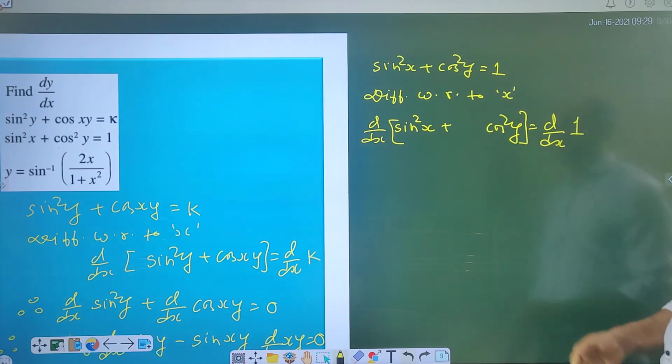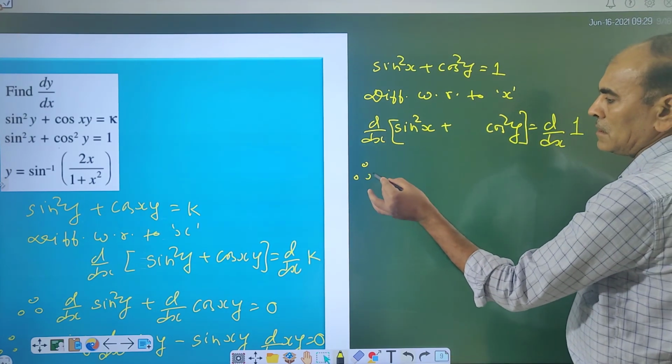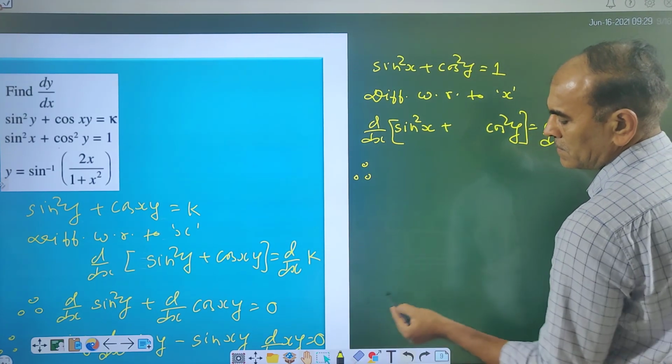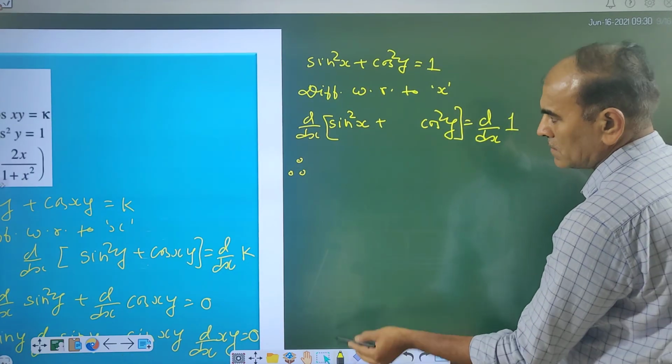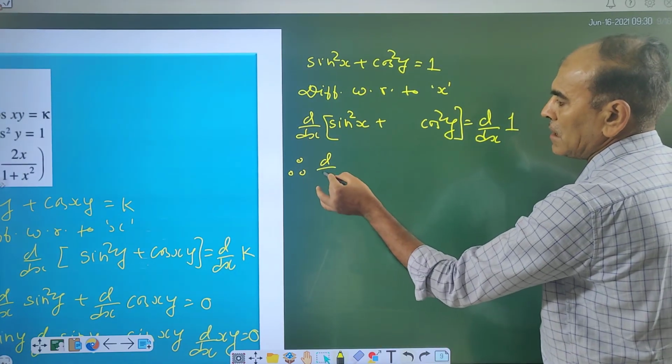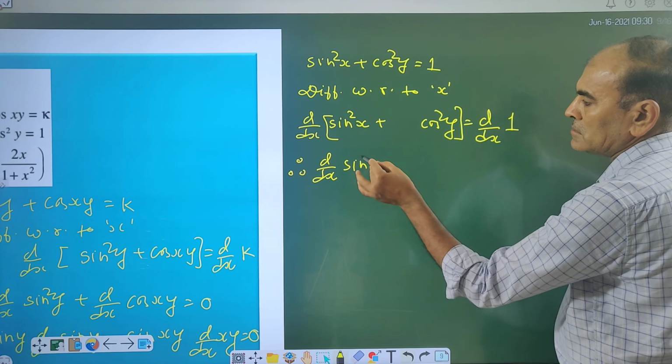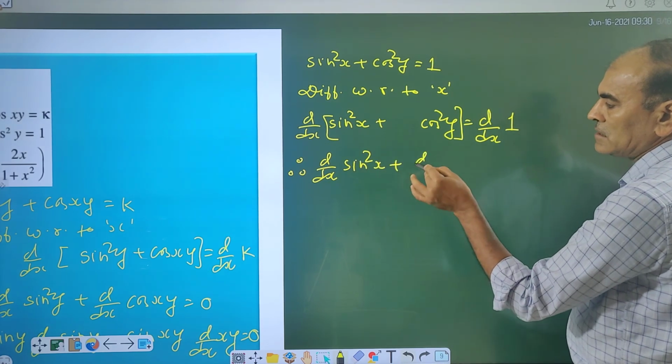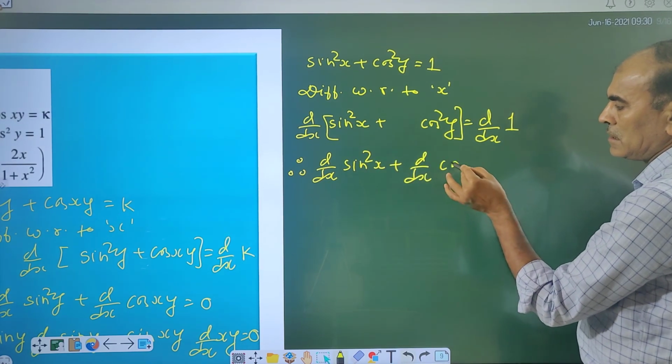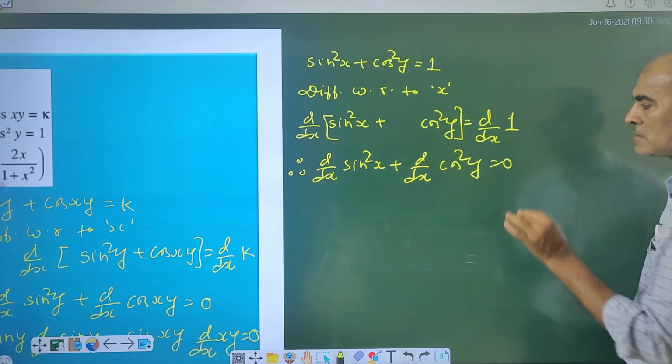Now differentiate term by term, and therefore d by dx of sine square x plus d by dx of cos square y is equal to 0.